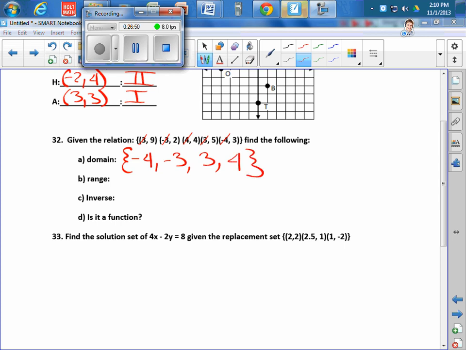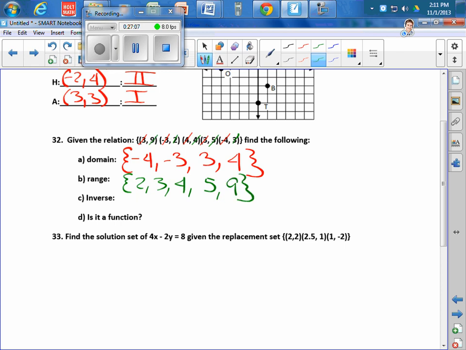The range will be the set of numbers we're using for the y's. What are we using for y? Well, I have a 2 here. I have a 3. I'm using a 4. How about this 5? And also a 9. What's the inverse? All we do is just flip the coordinates.